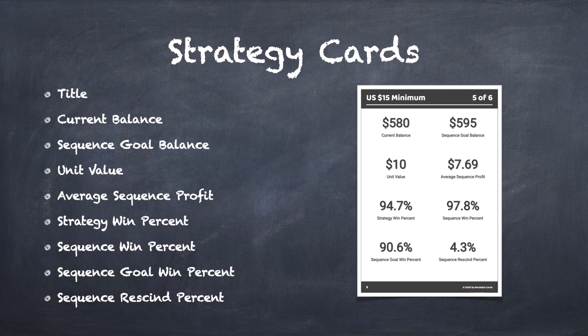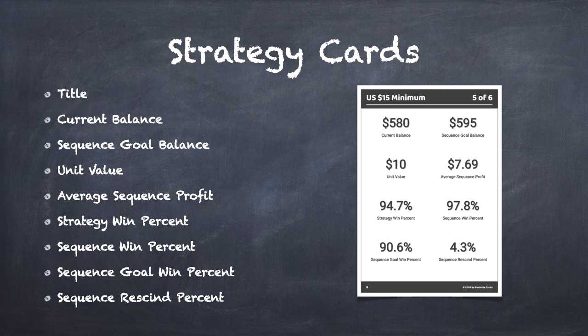The strategy win percent tells us what our odds of success are to actually reach our ultimate goal. So if we're on the fifth bet sequence of a 6-bet sequence strategy, at this point we have a 94.7% chance of being successful with the overall strategy. Our sequence win percent tells us what are the odds of success for this particular bet sequence.